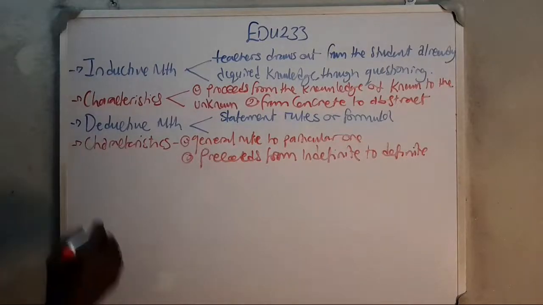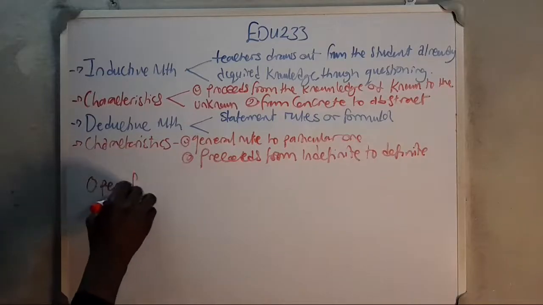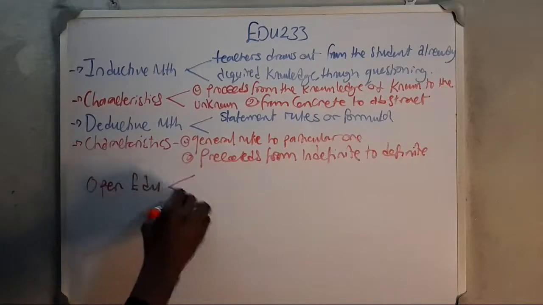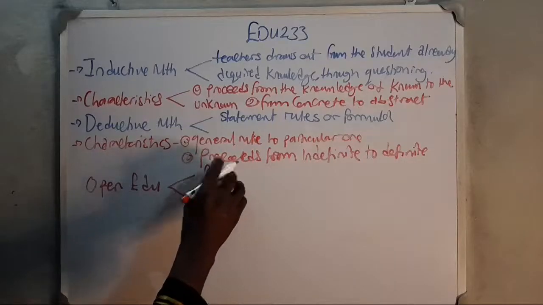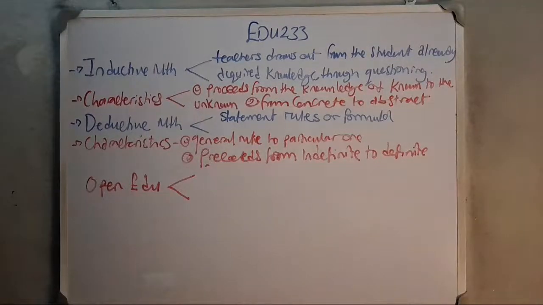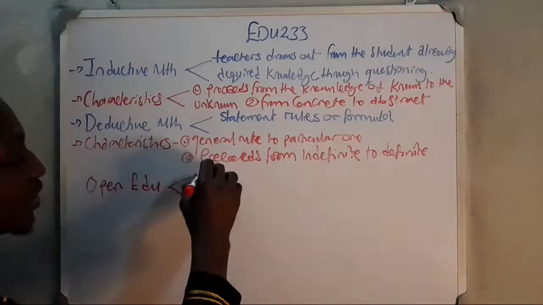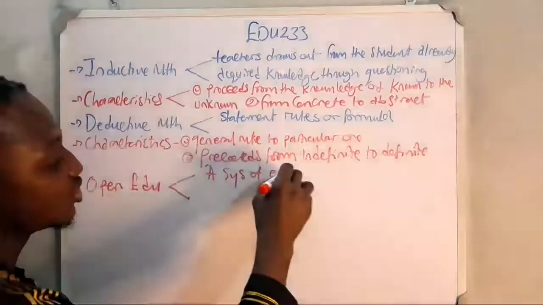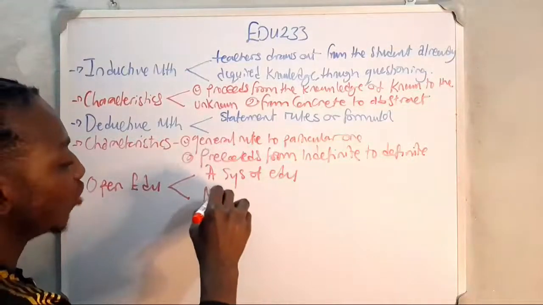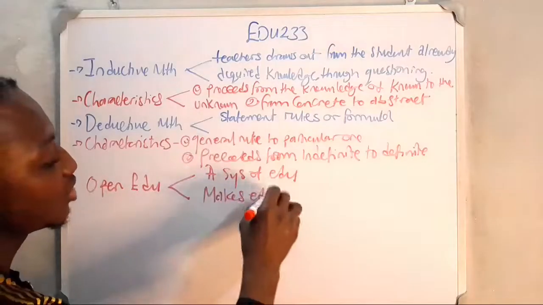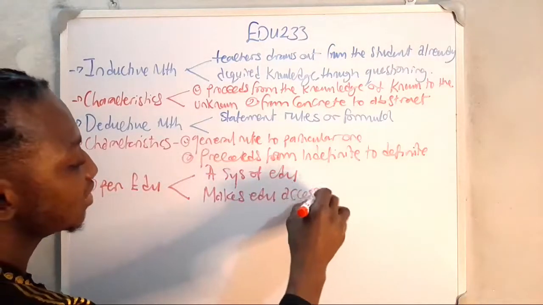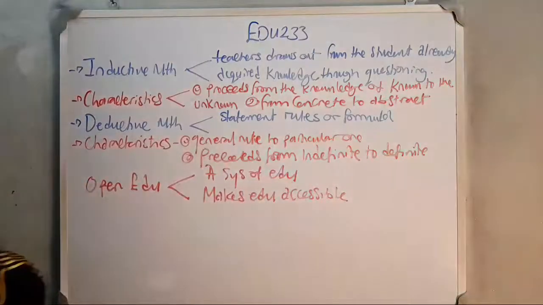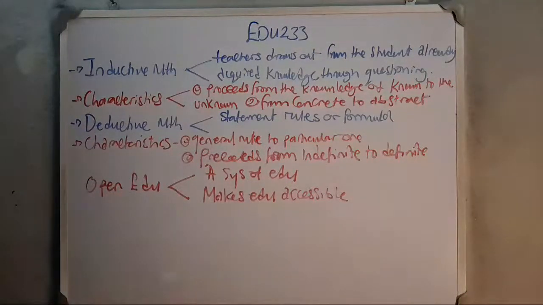So now look at the points. The point here is open education. It's a system of education that makes education accessible to all.